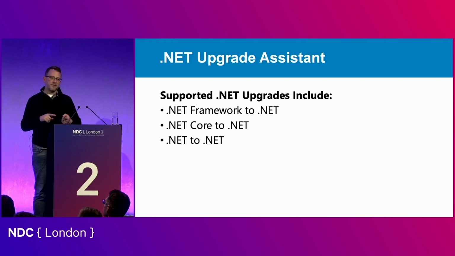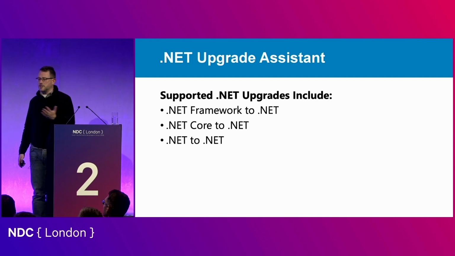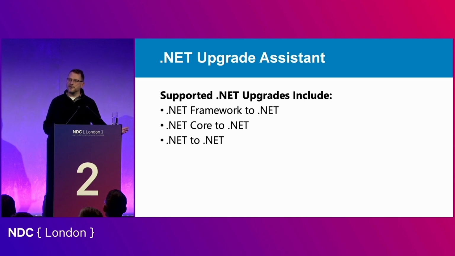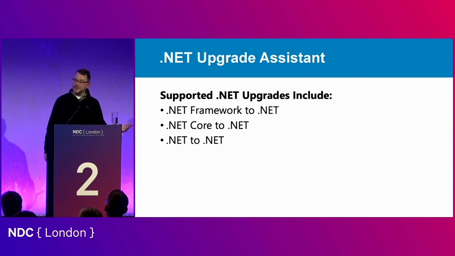So it can do anything from what we're talking about, which is a .NET Framework legacy application, all the way to modern .NET, or it can even do a .NET Core version of .NET to .NET, or even just .NET 5 to .NET 9, or .NET 6 to .NET 8, or any of those modern to modern .NET upgrades it can help you with as well.